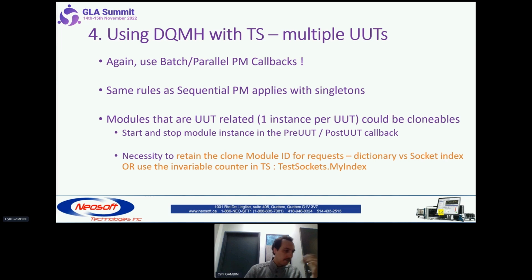So if I've got 4 test sockets, so I've got 4 in my batch, I've got the same sequence duplicated 4 times and run in memory, and I will maybe want 4 modules to be executed. So I will have my clonable launching 4 clones. And here comes the problem of how do I synchronize my clonable to my test sequence? Which module ID should I target?